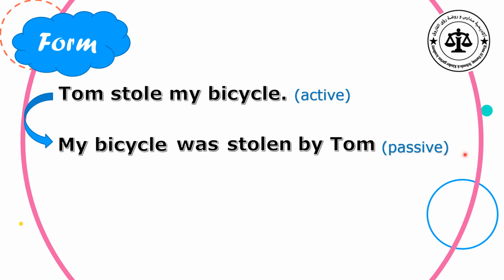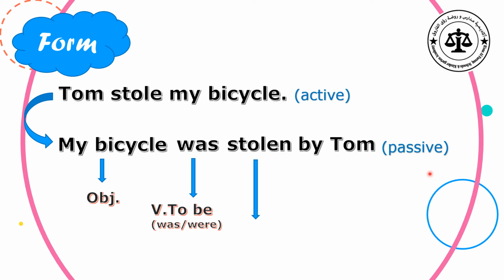Look, it's in passive voice or past passive. My bicycle, it's the object. Was, it's verb to be, was or were. Stolen, verb 3, and by the subject. Tom is the subject.